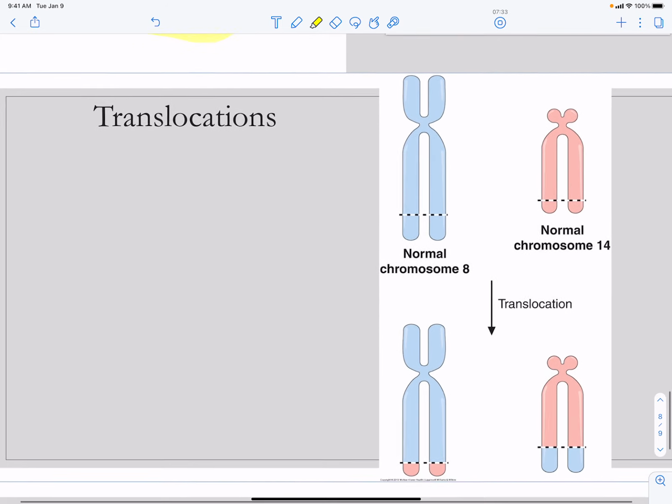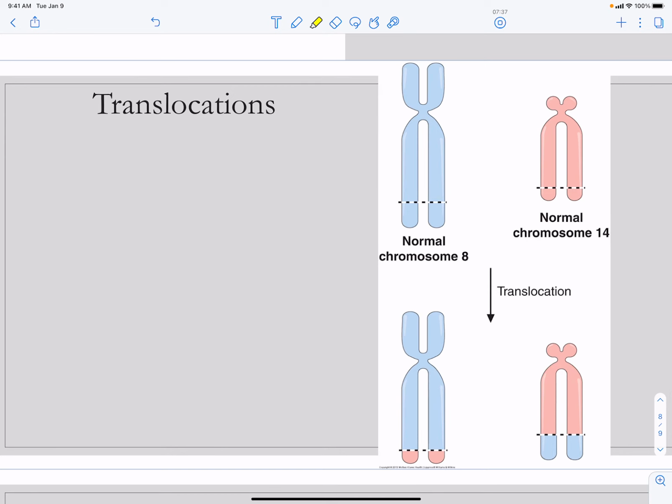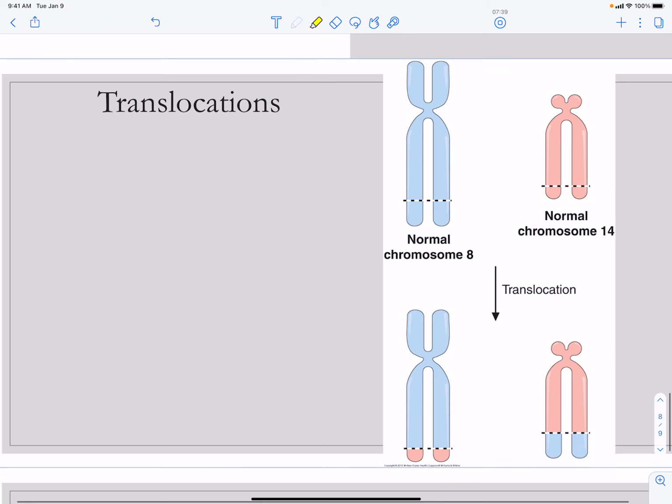And then finally, really fast, translocation. Translocations occur by breaks, so these are going to follow chromosome breaks.